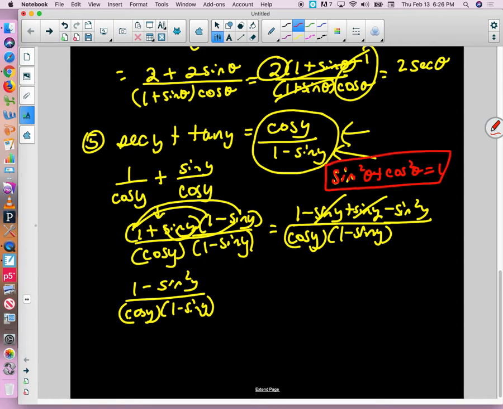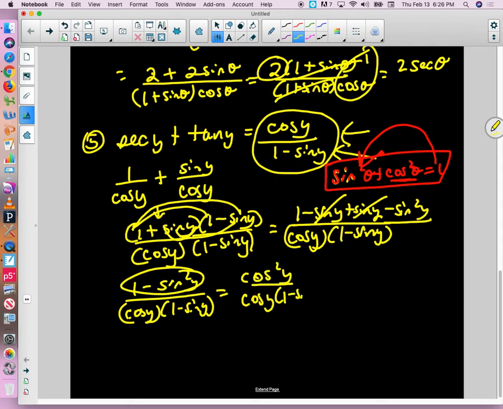Got to know everything on your memo page. So if I say 1 minus sine squared, it leaves me cosine squared. So on the top here, I have cosine squared y over cosine y times 1 minus sine y. This cancels, and I get cosine y on the top and 1 minus sine y on the bottom.